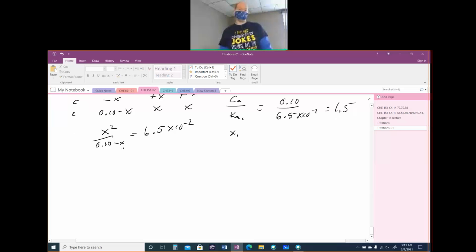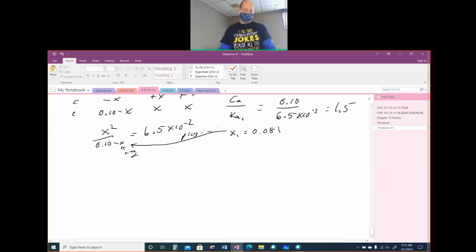So I neglect my x. Multiply both sides by 0.1, I get 6.5 times 10 to the minus 2 times 0.1, and then the square root of that. I got 0.081. So x1 is 0.081.